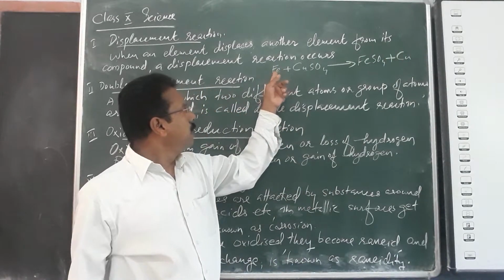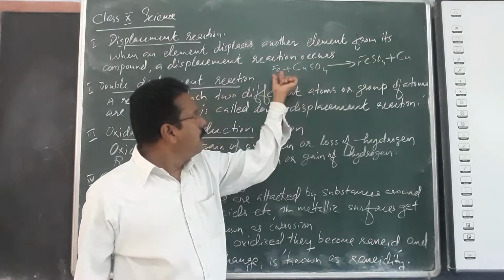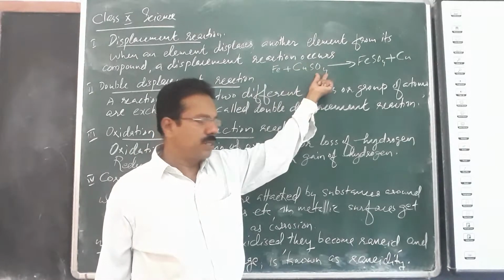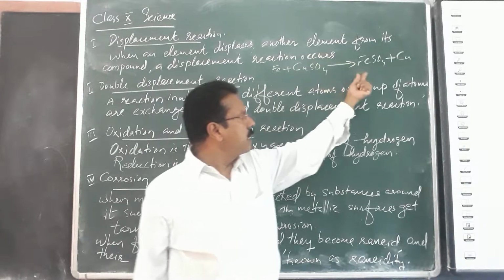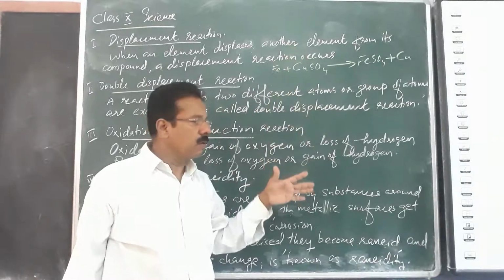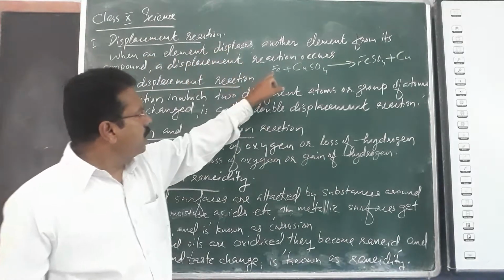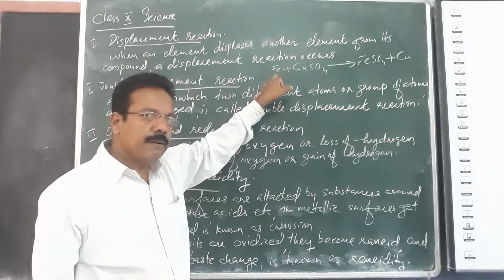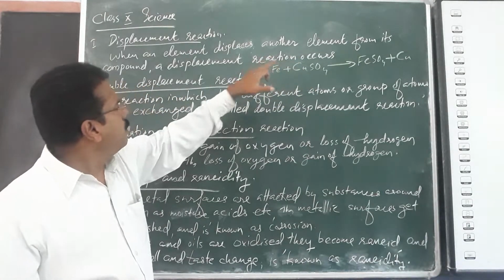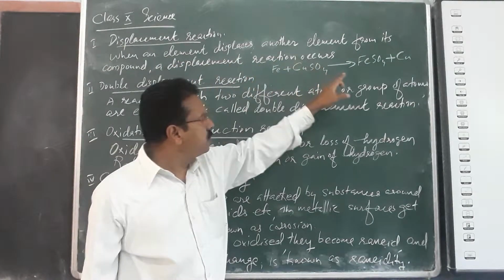The surface of the iron is coated with copper metal. Here, iron is displacing copper from copper sulfate solution. This is a clear example of displacement reaction. I will go through the definition once again. When an element displaces another element from its compound, a displacement reaction occurs.